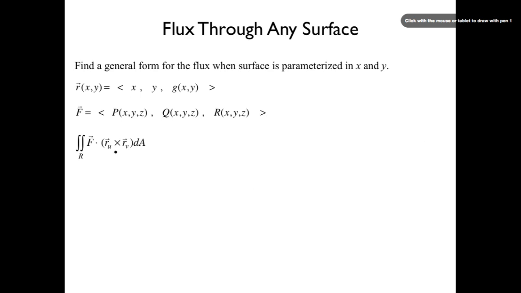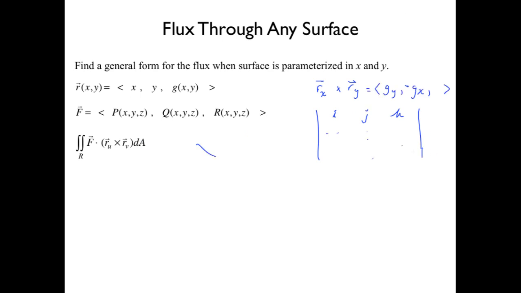All right, so what do we need? We need Rx cross Ry, first of all. And so we do i, j, k. I'm doing Rx cross Ry, so I need Rx in the second row and Ry in the third row.